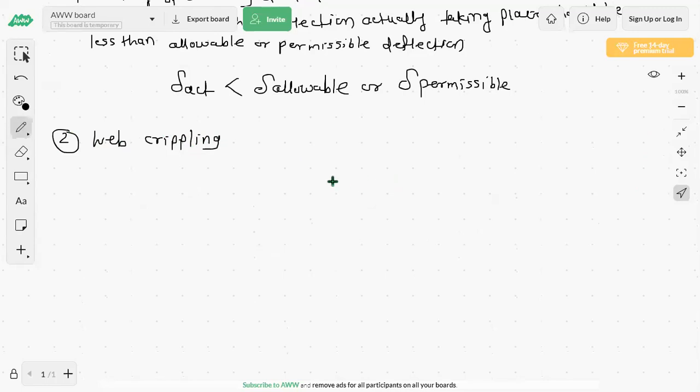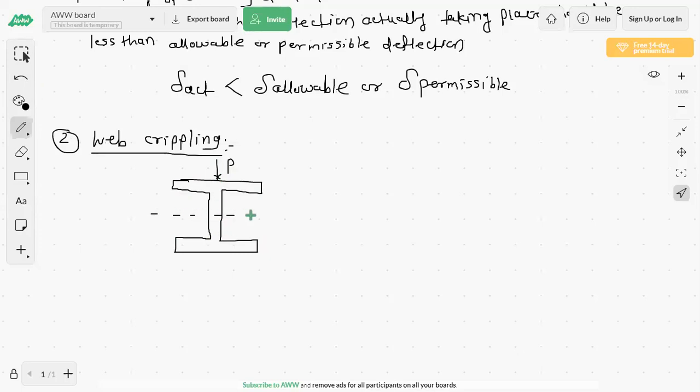So generally, web crippling is nothing but this: if this is an I section, which we generally use for the beam, and here the load P is coming on this I section, then what happens?